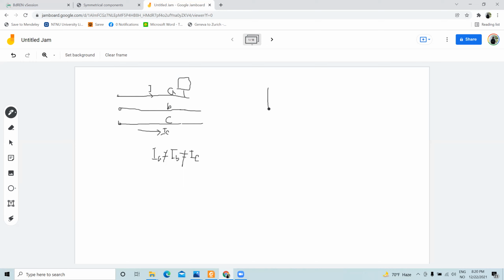So if this is IA, this is IB, this is IC, and you know the value of IA, and they are all balanced, that means they are of the same magnitude. So you can use only a single phase and you do not need to analyze the three-phase system. You can simplify the problems. Am I clear to you?